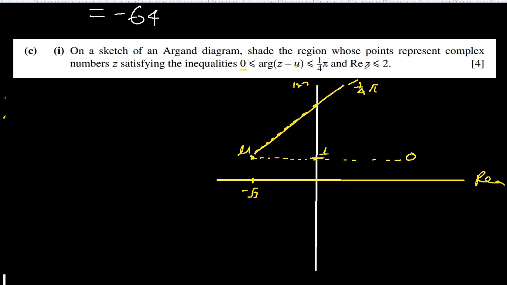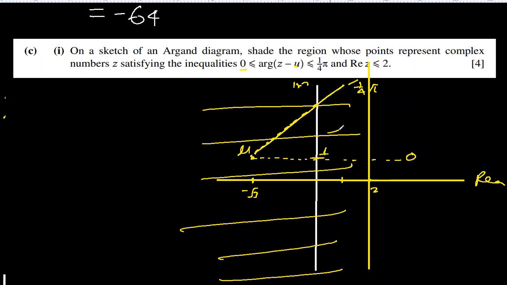Okay, next, the real part of z is less than or equal to 2. So real part is this axis. Say 1 is here, 2 is here. So your real part is less than this 2. I will draw a vertical line at 2, and less than 2 means this whole area.